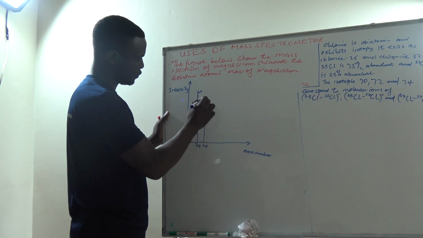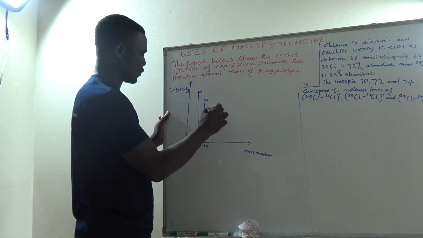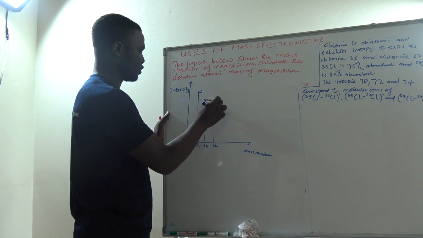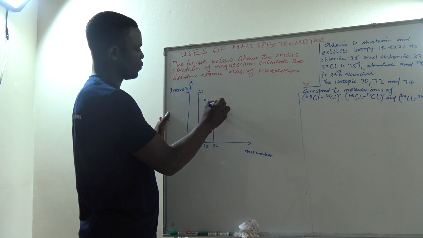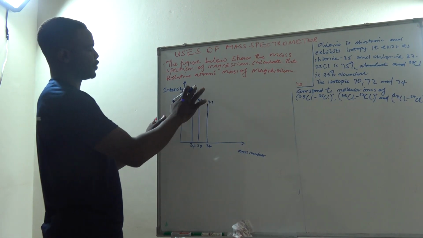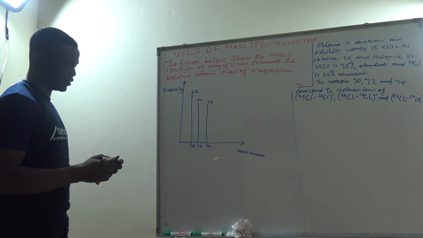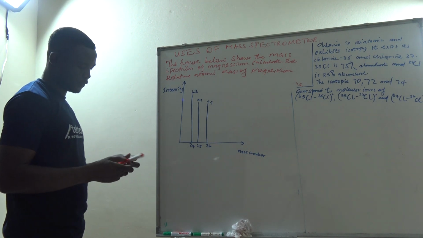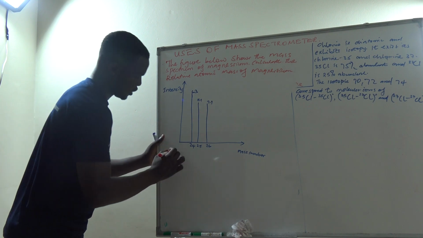Then mass number 25 corresponds to 8.1, and then mass number 26 corresponds to 9.2. So our question here is that we should determine the relative atomic mass of magnesium.